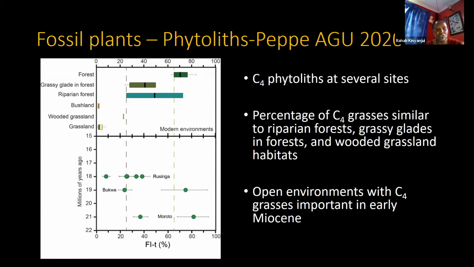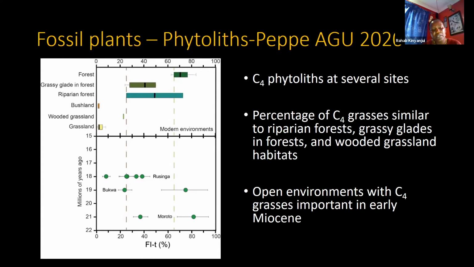We also tried to clearly understand what the data is telling us. We compared the modern environments, how the phytoliths would cluster. For instance, in a grassland, what percentage of morphotypes would we see, so that we can tell: is Bukwa an open grassland environment or not?